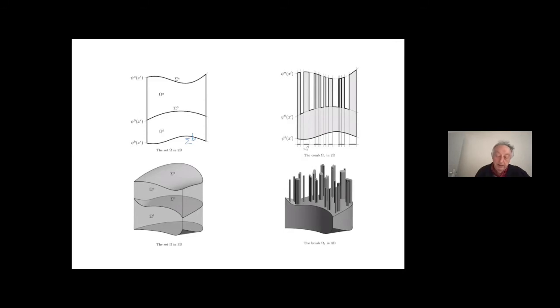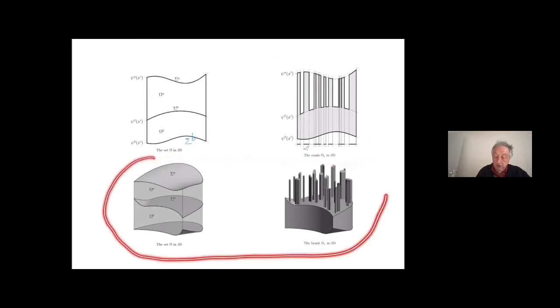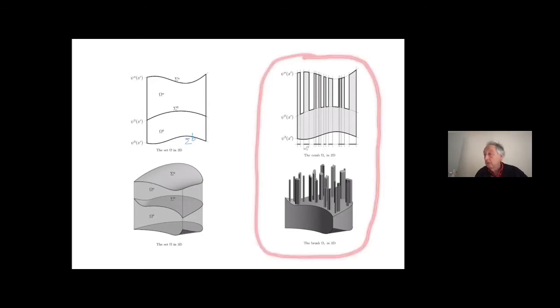And this picture is in 2 dimensions here, or in 3 dimensions here. Okay. And I will describe first what is omega. Omega is here. And what is omega epsilon? Omega epsilon is here.